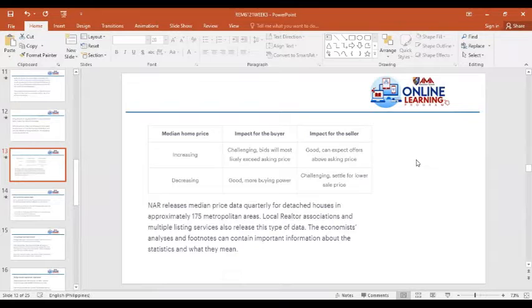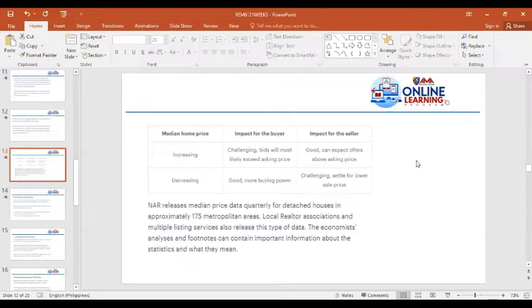So, let's take a look at the median home price, the impact for the buyer and the impact for the seller. If the home price is increasing, the impact for the buyer is challenging. Bids will most likely exceed asking price.